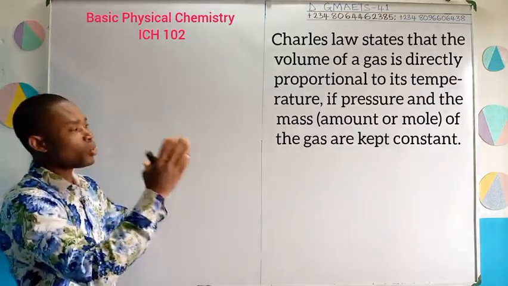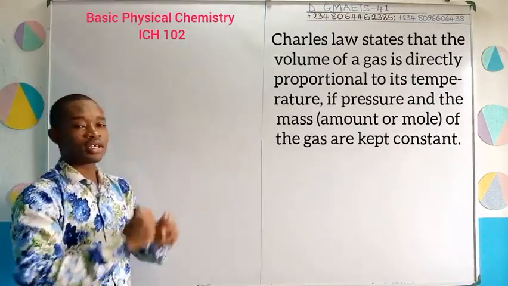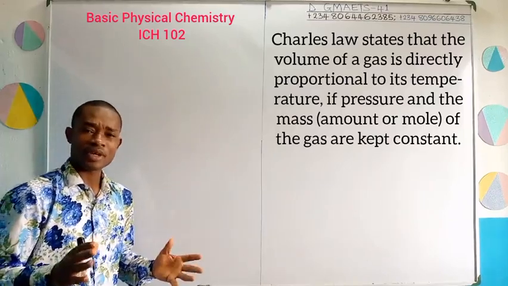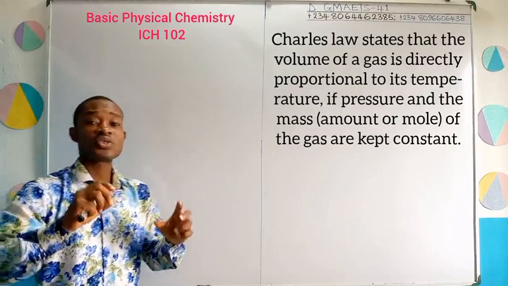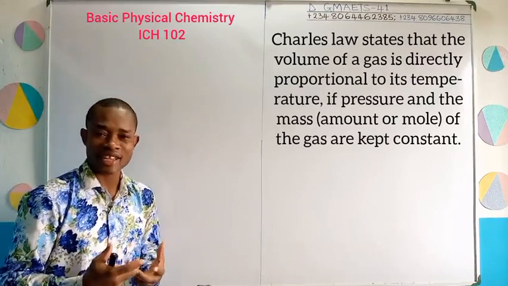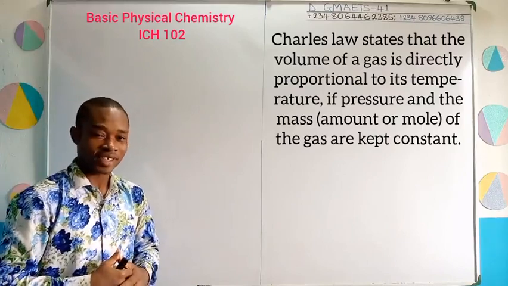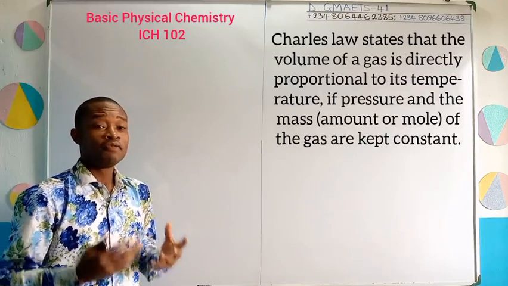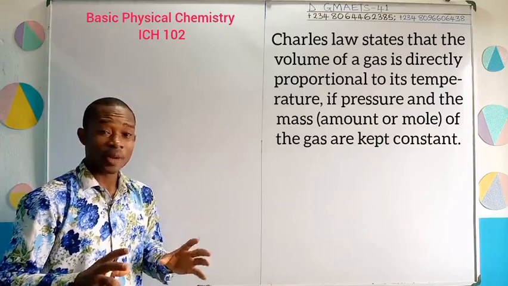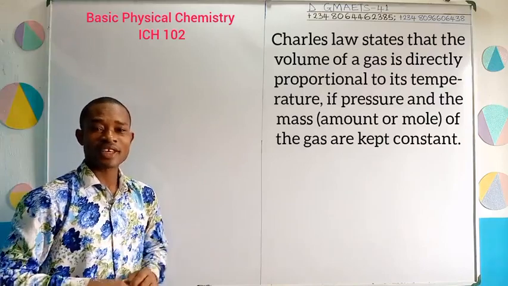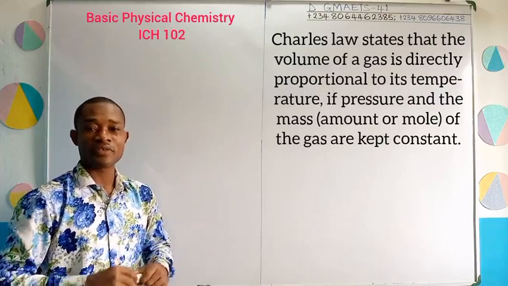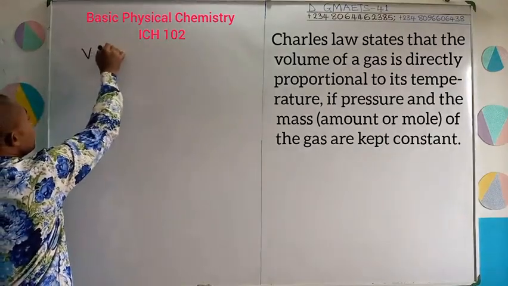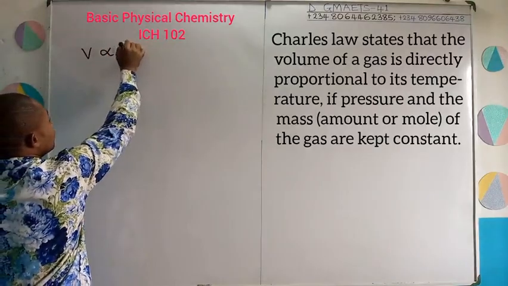Having stated this law, we want to find out the mathematical equation that guides this law. Remember, our interest is to study the relationship between the volume of the gas and the temperature of the gas. So let us look at this. Volume is directly proportional to what? Temperature. Mathematically, using the knowledge of direct variation of mathematics, we are going to have that V is proportional to temperature.